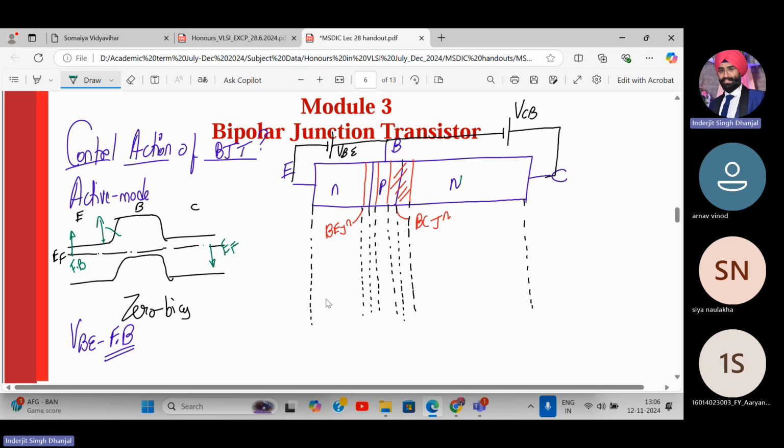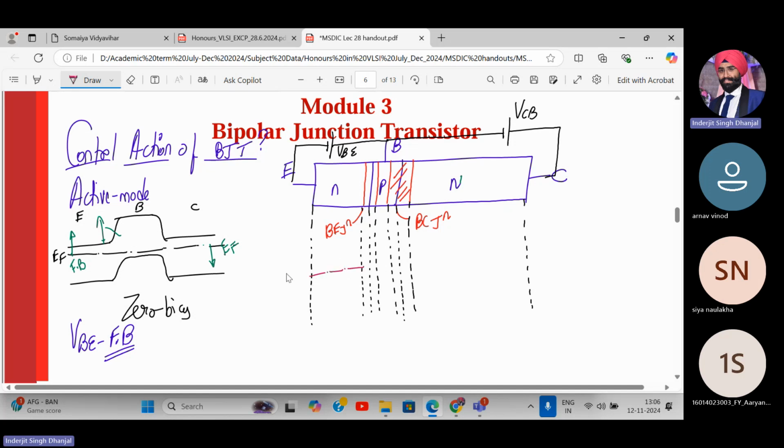So let us draw this diagram also. There won't be a uniform Fermi level over here. How to draw this? The band gap will remain the same. But first let me draw this.